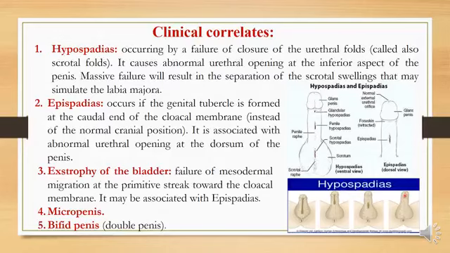The second, epispadias, occurs if the genital tubercle is formed at the caudal end of the cloacal membrane, instead of the normal cranial position. It is associated with an abnormal urethral opening at the dorsum of the penis.